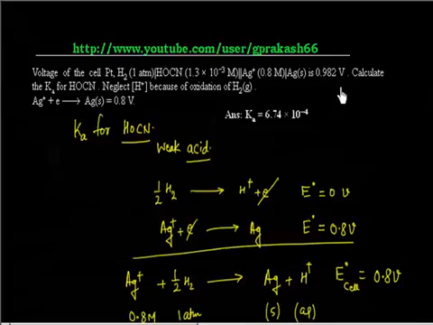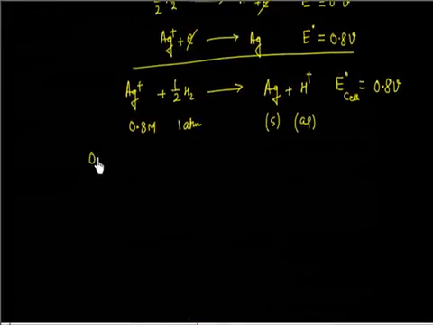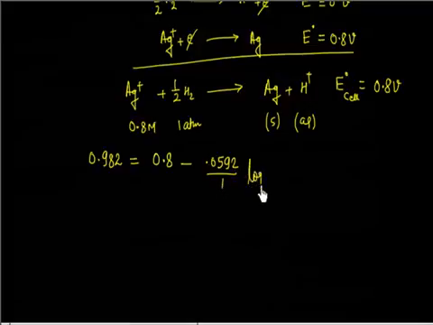E cell is 0.982 volt. So E cell, 0.982 volt, equals E degree, 0.8, minus 0.0592 divided by n, where n is 1, times log of H plus divided by 0.8.